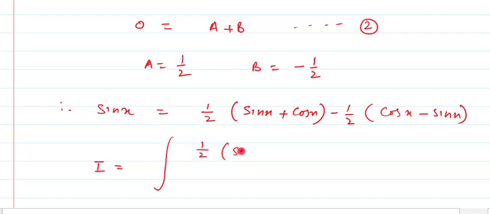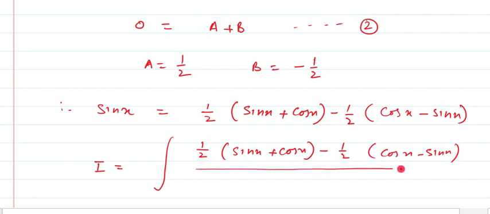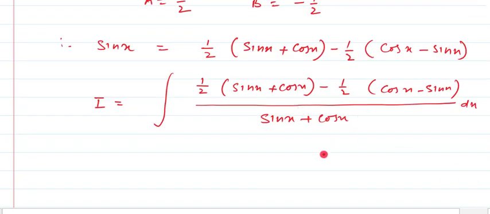So it is 1 upon 2 into sin x plus cos x minus 1 upon 2 into cos x minus sin x upon, there is no change in the denominator, and this is sin x plus cos x dx. Now segregate the two terms.